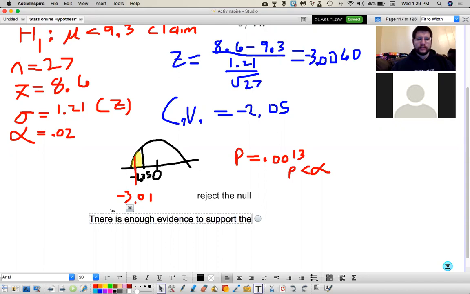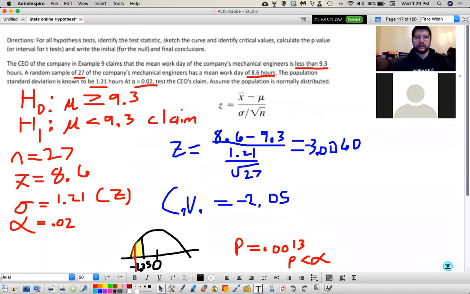There's enough evidence to support the claim that, and let's see what the claim was. The mean workday of a company's mechanical engineer is less than 9.3 hours.